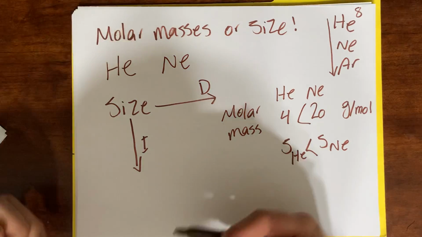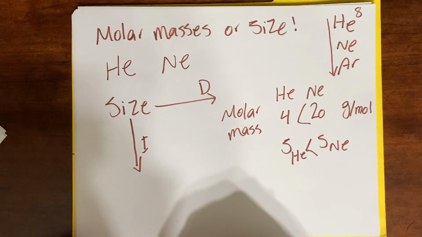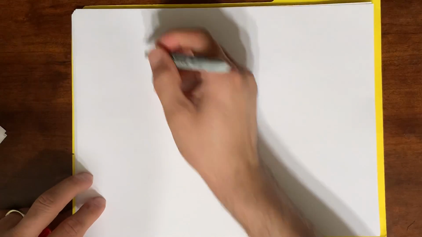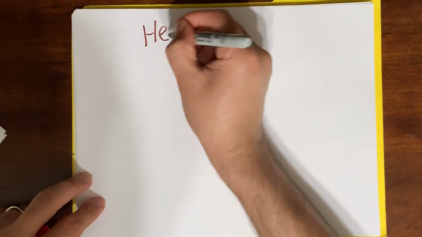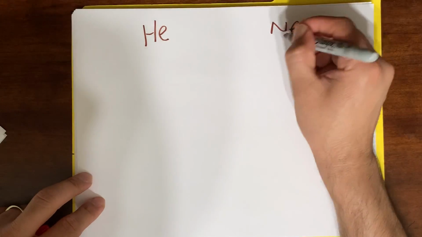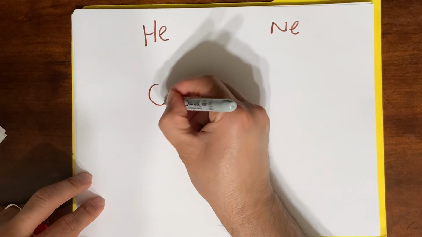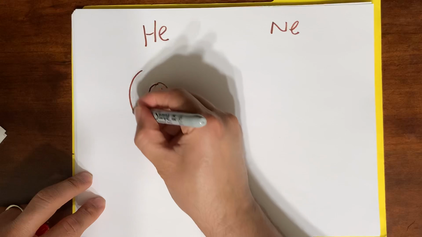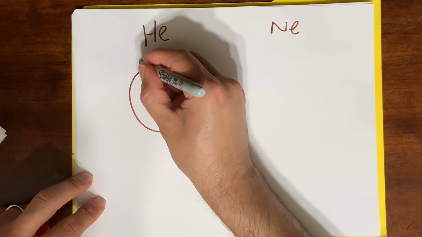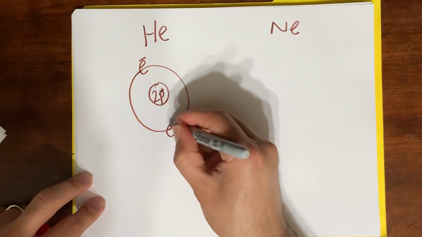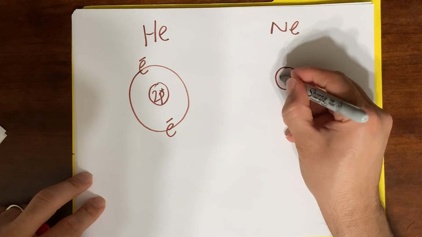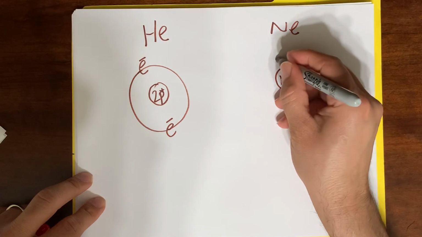Why is entropy getting bigger by increasing size or molar masses? Okay, let's talk about that. We have helium and neon. Helium, you have a nucleus with 2 protons, and in the first orbit you have 2 electrons. Neon, you have a nucleus with 10 protons.